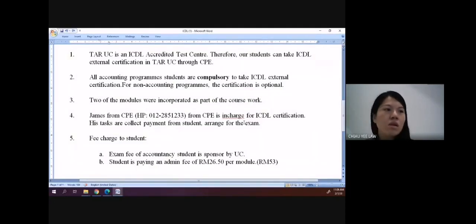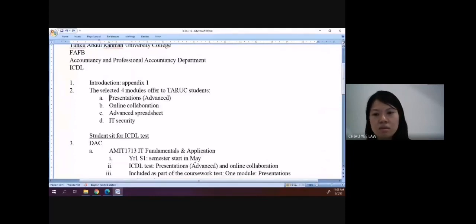Third is you have to sit the external exam later, which is not together with this subject. Oh, it was included in your coursework, but you never sit for the exam.